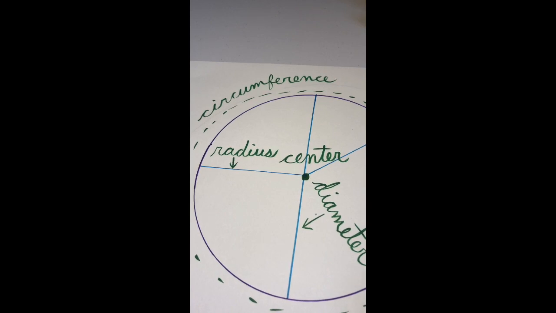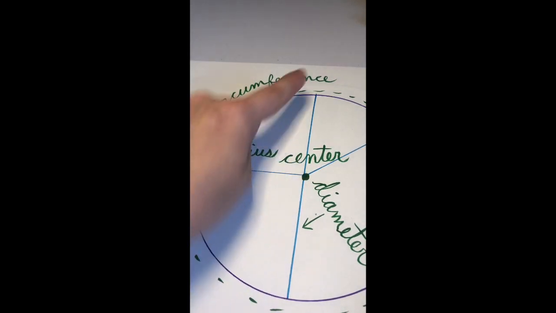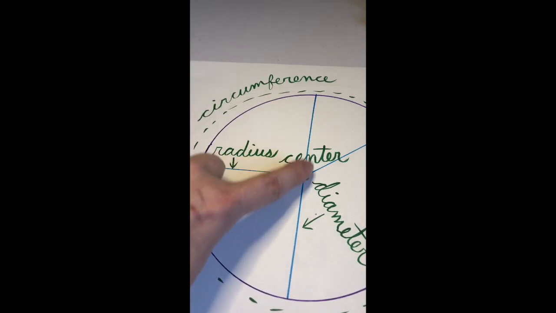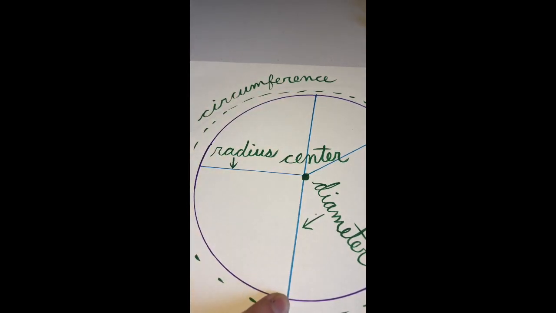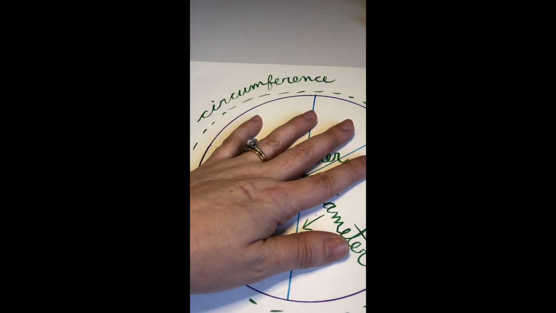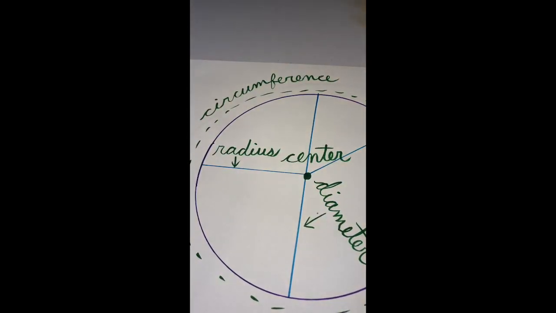And we talked about the diameter, which is where we have a line that goes from one point on the circumference straight across through the center to a point on the opposite side of the circumference. And this whole thing is called the circle, and the area is called the surface, or the area.